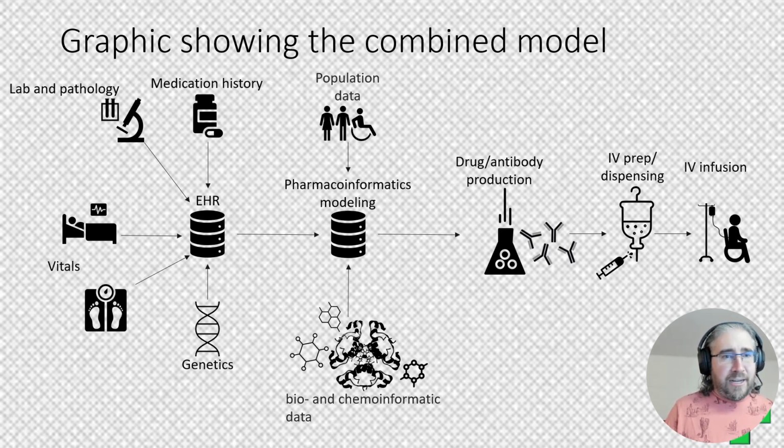That is then incorporated into a powerful pharmacoinformatics model that pulls in population data and various bio and chemoinformatics data to produce instructions for an optimized, personalized therapy, not only producing the recipe for the molecular entity, but all the way to the actual therapeutic dosing that is then prepared and labeled in the pharmacy and administered to the patient, only to further collect data and optimize outcomes as the therapy persists.